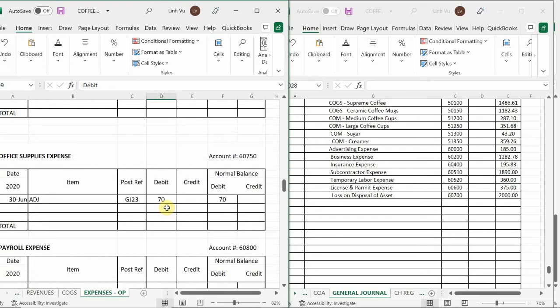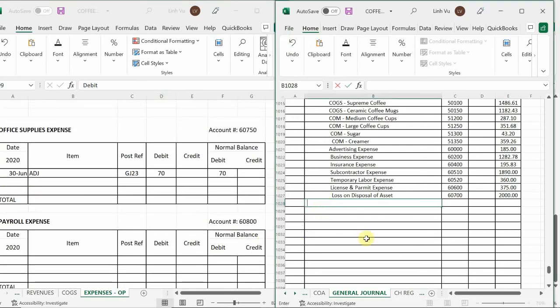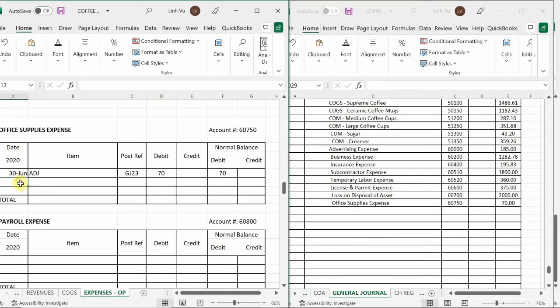Next, we have here is office supplies expense for $70. Okay.